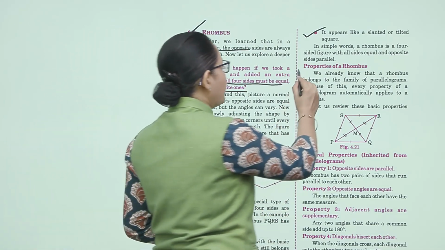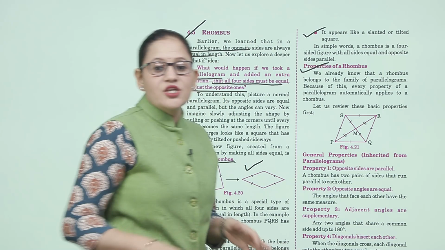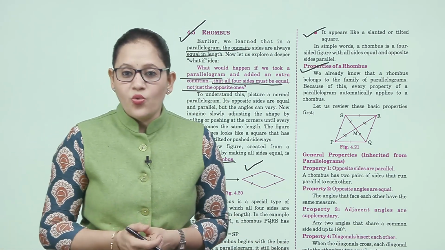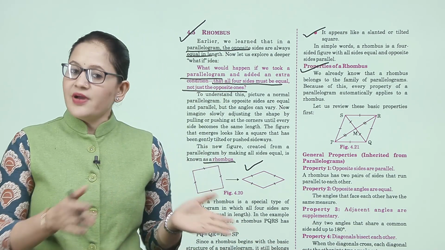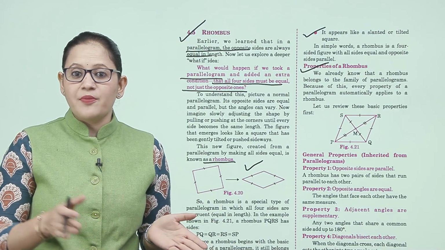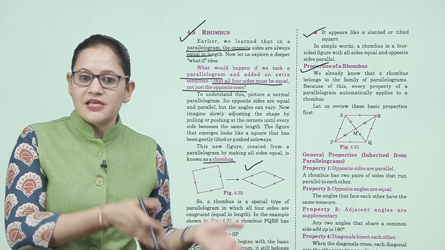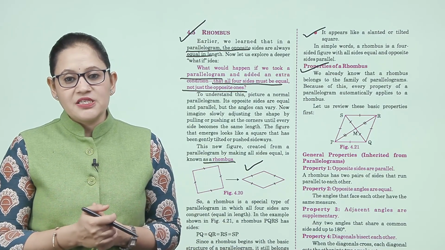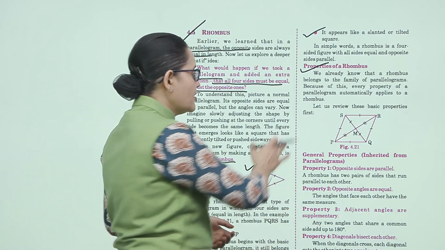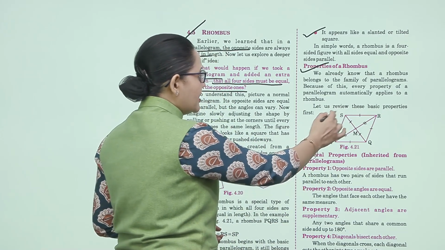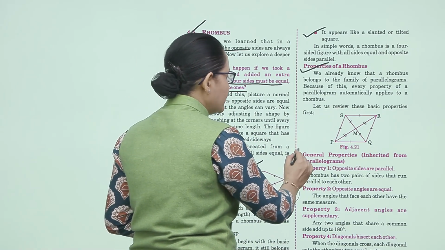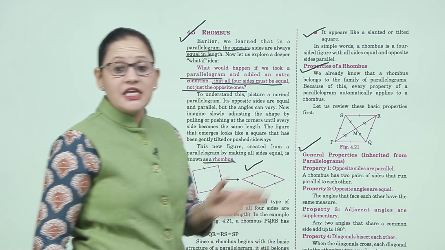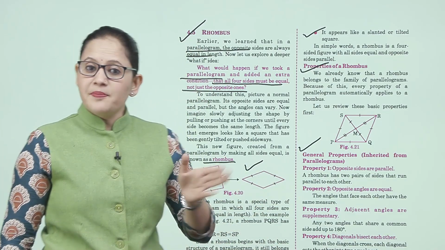Now we will see the properties of a rhombus. We already know that the rhombus belongs to the family of parallelograms, because every property of the parallelogram automatically applies to the rhombus. Let us review these basic properties first. Here you can see this is the rhombus. Now we will see the general properties inherited from the parallelogram.